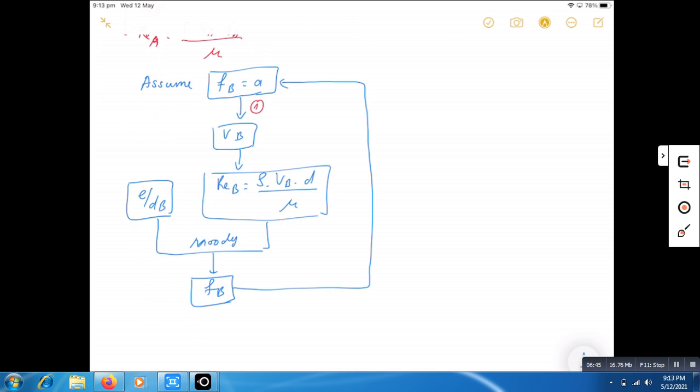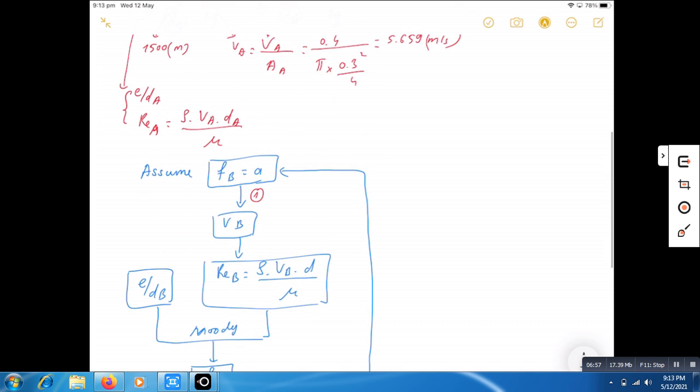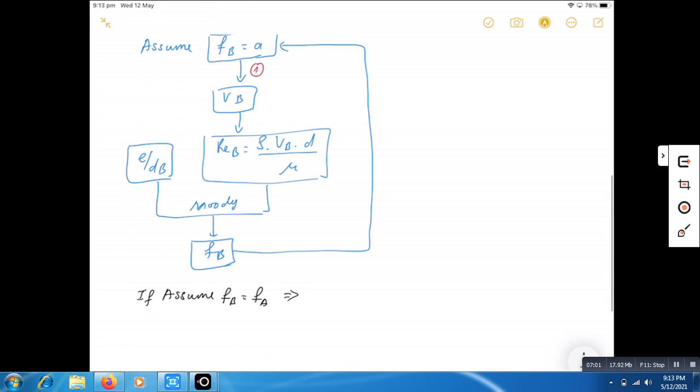So in this case, if we assume fB is fA, and fA is a number that you can find from E over dA and Reynolds number A, after one loop you will have VB around 4.383 meter per second.